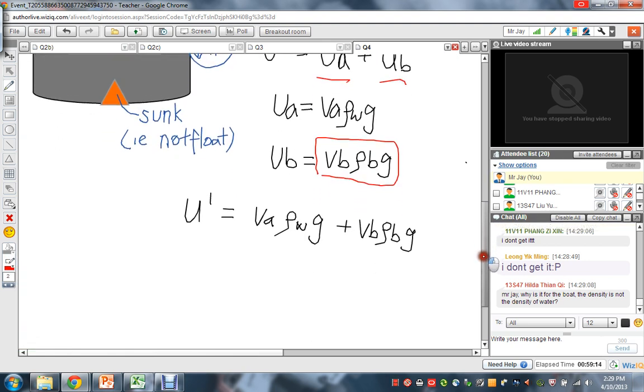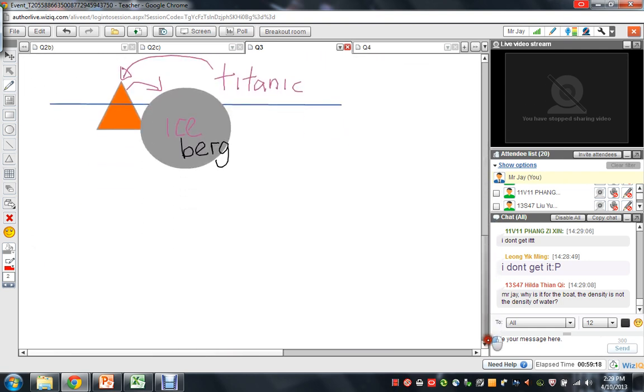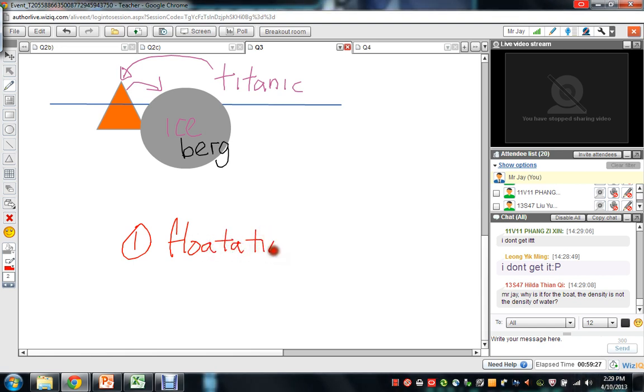Basically, we have two principles. Let me write it here. One is the principle of flotation: for an object floating in water, upthrust is equal to weight.